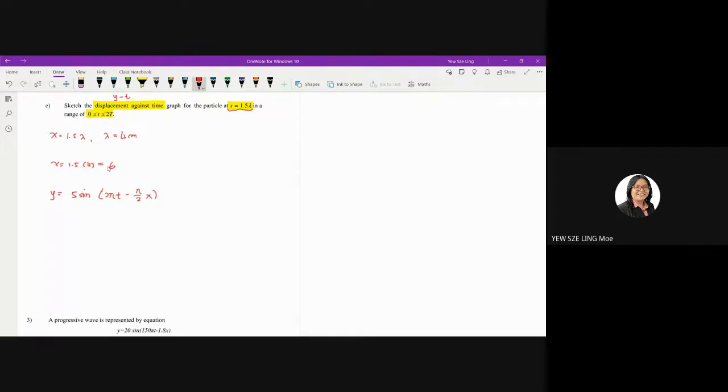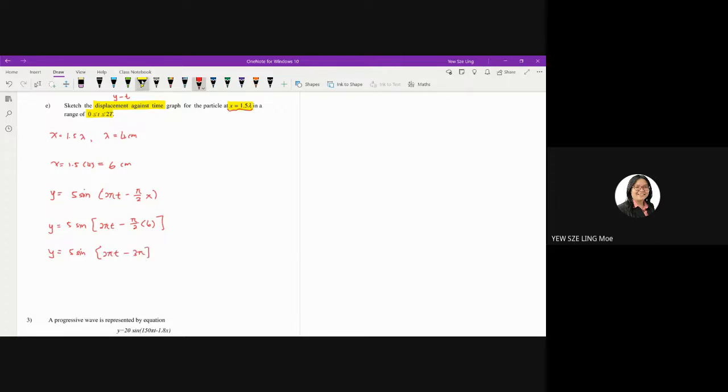And we have x now equal to 6 cm. So y is then equal to 5 sine (2 pi t minus pi over 2 times 6). So we have y equals 5 sine (2 pi t minus 3 pi).